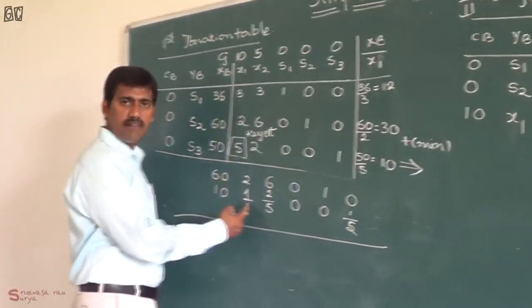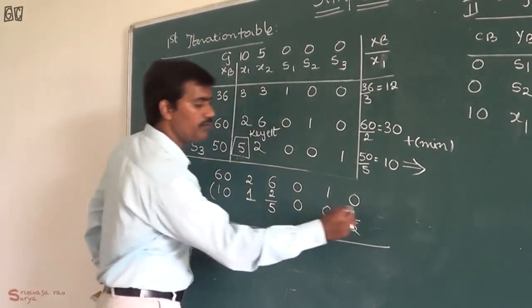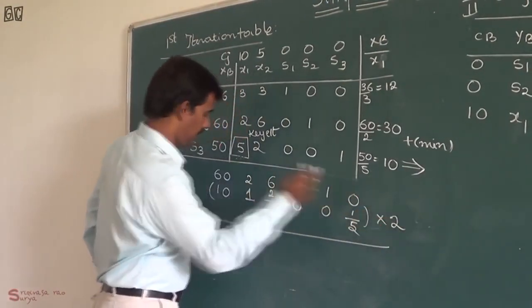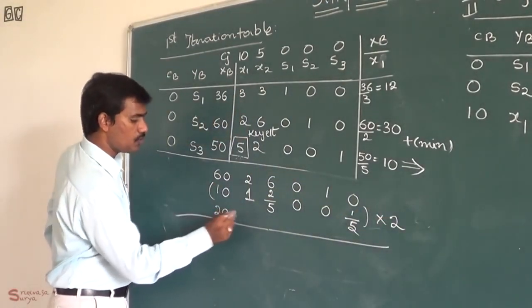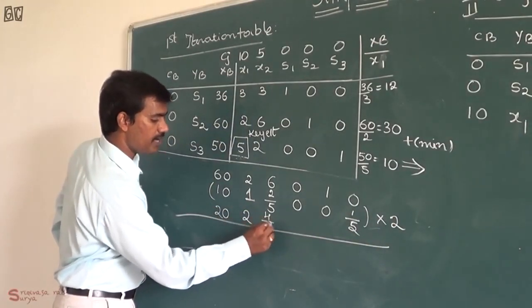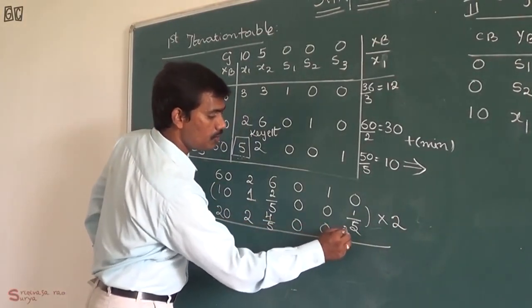So we have a 2, we have a 1, so we have to get 0 here. Without loss of generality, I am multiplying with 2. 2 tens are 20, 2 ones are 2, 2 twos are 4 by 5, 0, 0, 2 by 5.